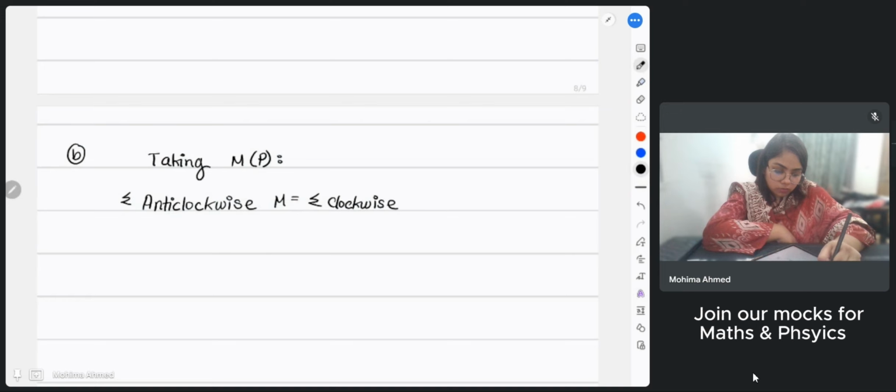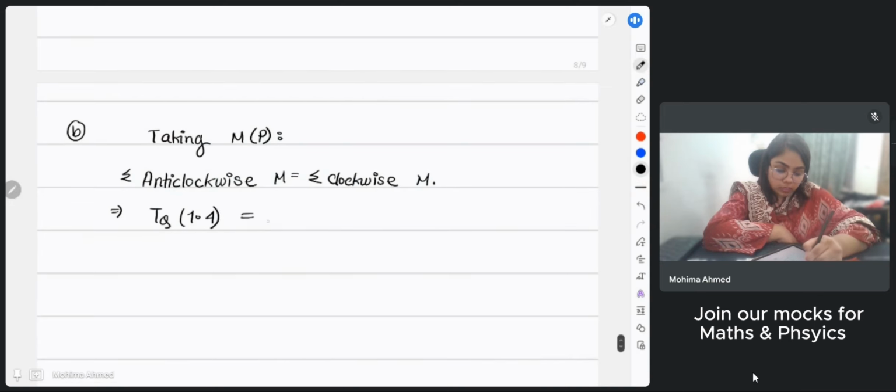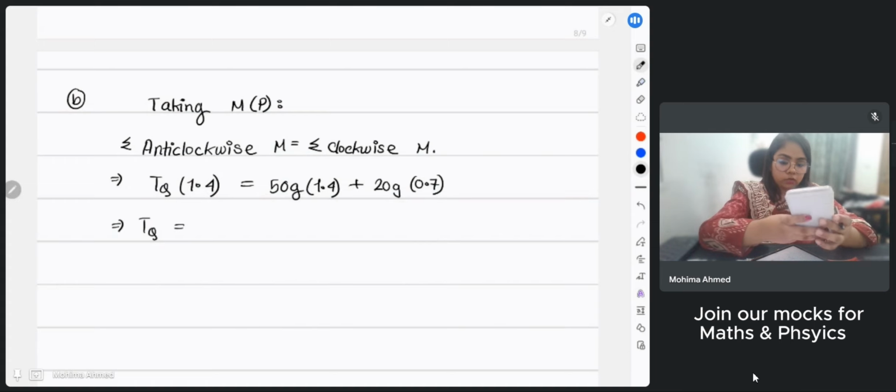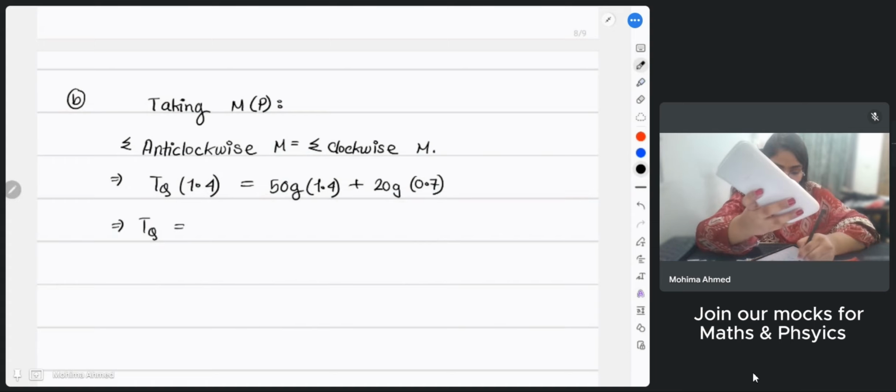In the anticlockwise moment, you have this TQ multiplied with 1.4, and the sum of clockwise moment, you have this 50G multiplied with 1.4 plus 20G multiplied with 0.7, which is the value for TQ. 50G with 1.4 is 70G.